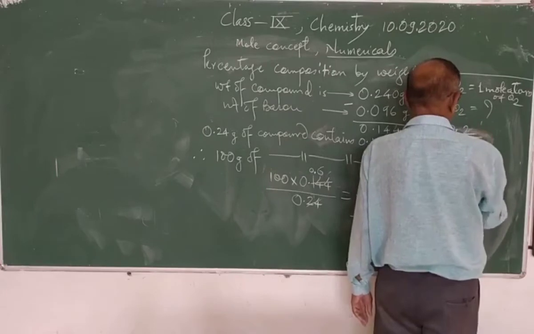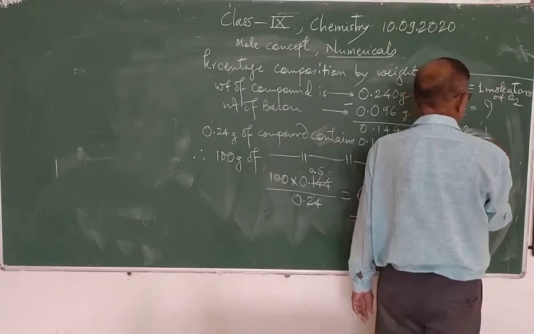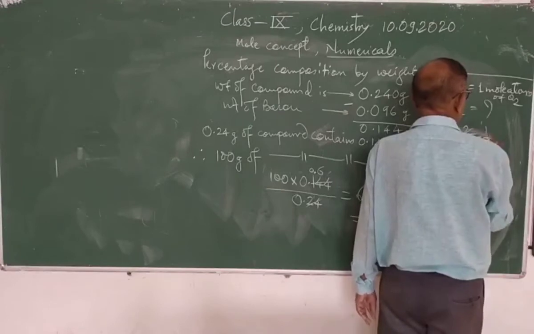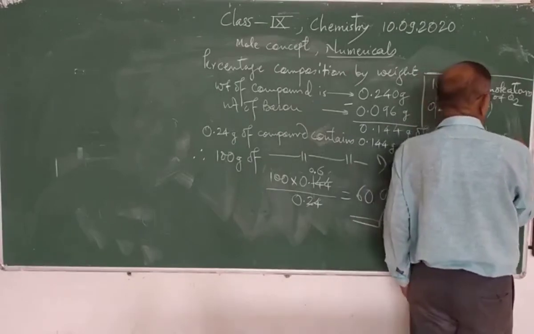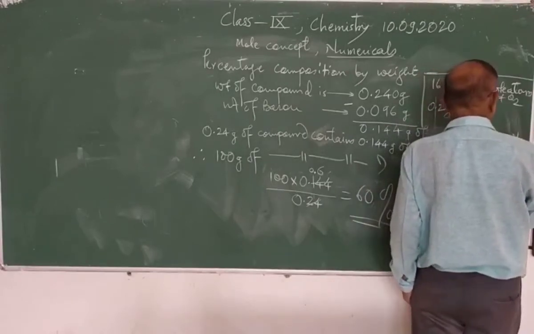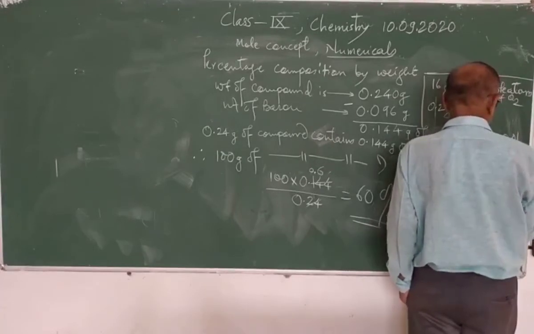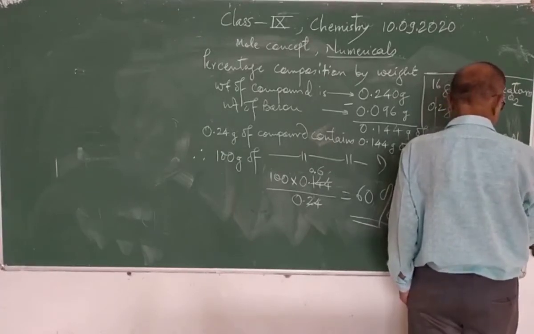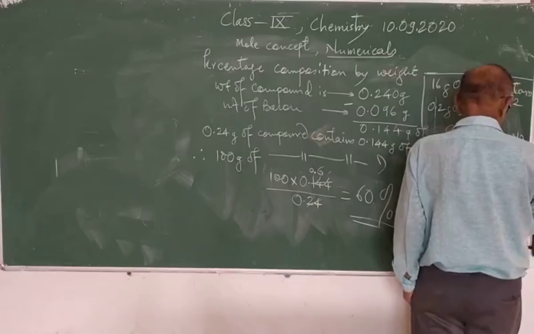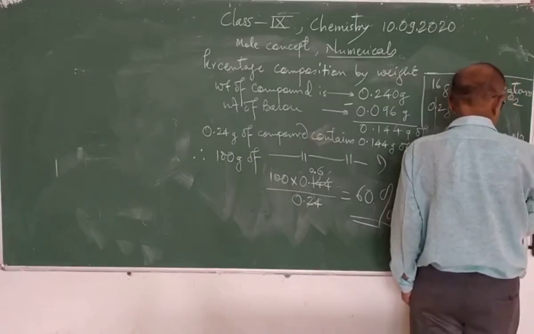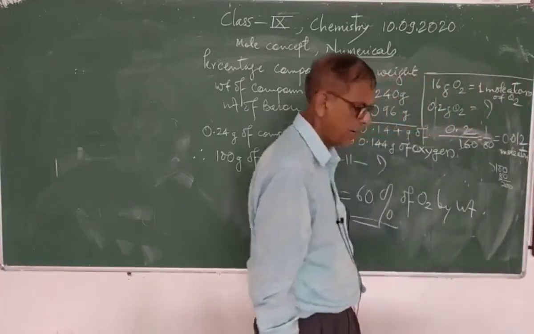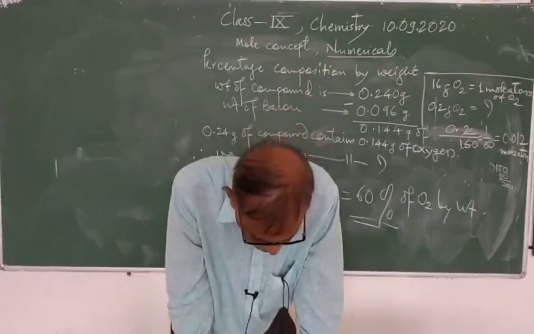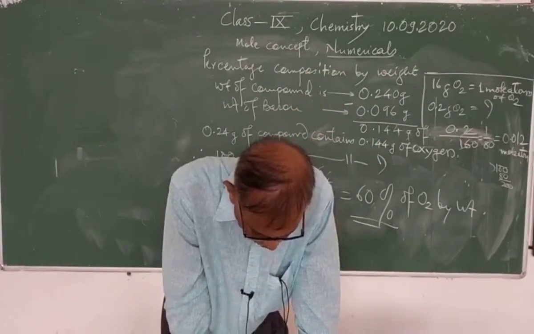So 2 upon 160 means 1 by 80, which is equal to 0.0125 mole atom of oxygen.